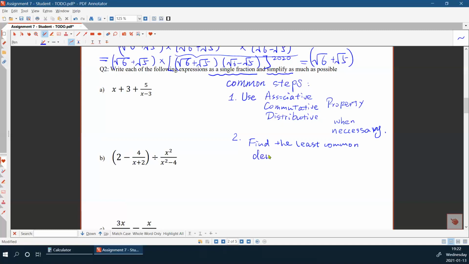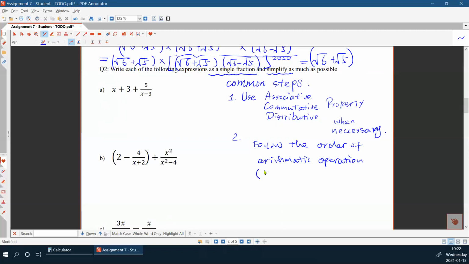Oh, sorry. The second step should be: follow the order of arithmetic operations.